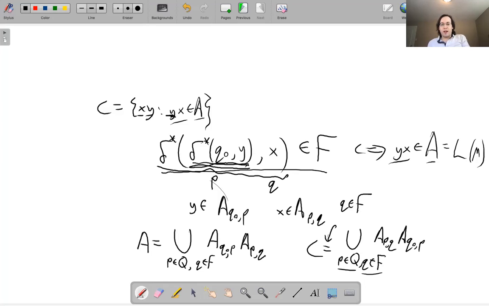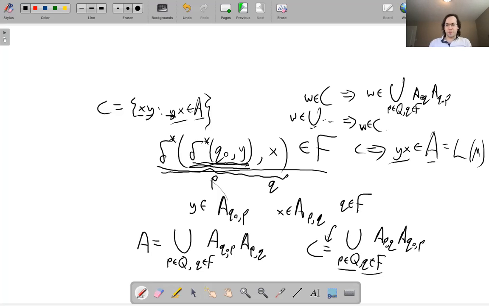So one would need to show that if W is in C, then W is in that union, and then we need to show that if W is in the union, then W is in C. So you need to show both directions. I believe the notes go through the proof of this, so I won't go through it in the video.